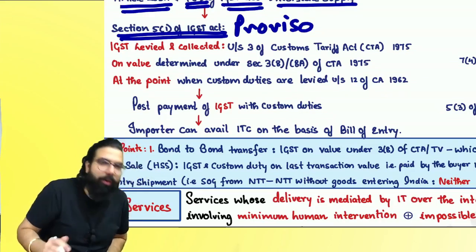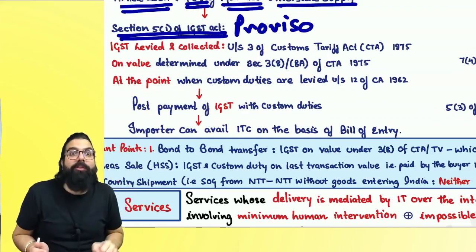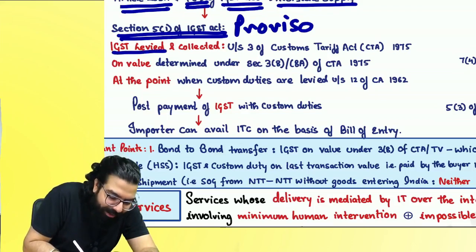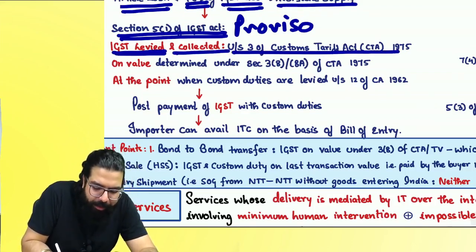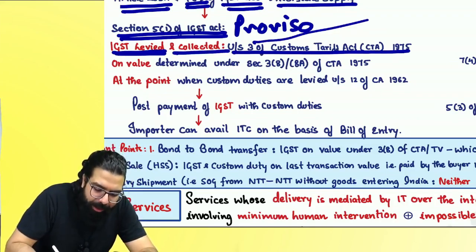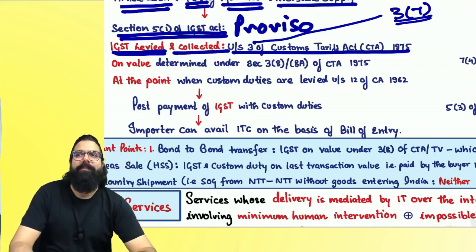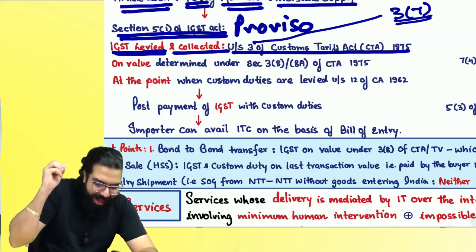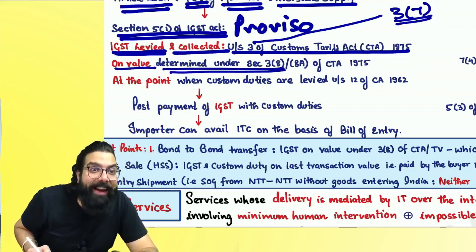Go to section 5 of your charge of GST chapter. You will see over there a proviso which says IGST will be levied and collected under section 3 of the Customs Act. Do you remember? Section 3(7) of the Customs Act talks about the levy of IGST. And it is on the value which is determined under 3(8).